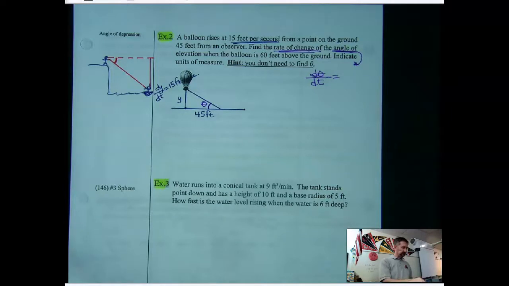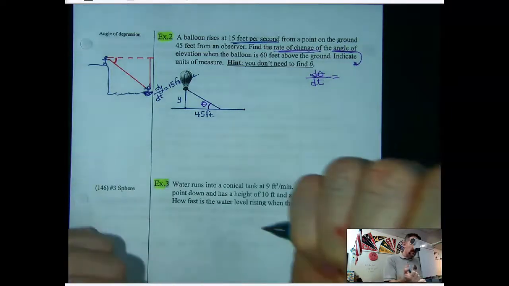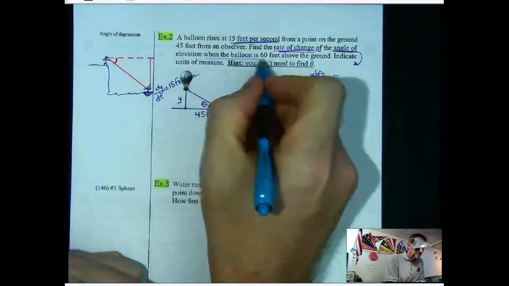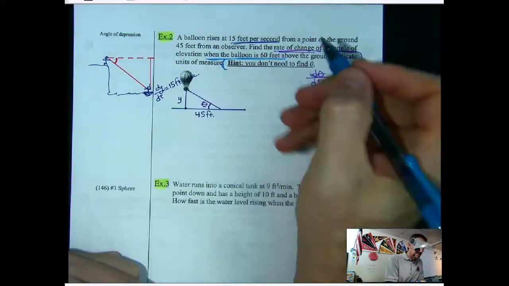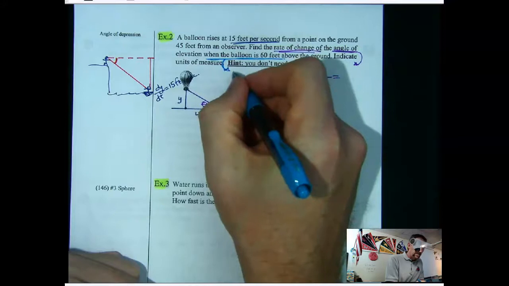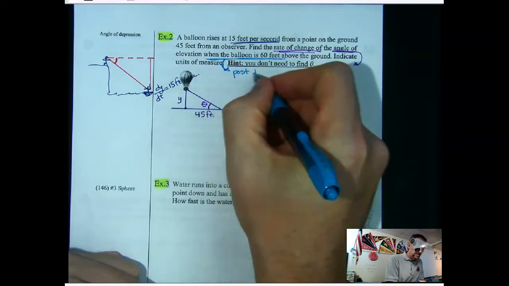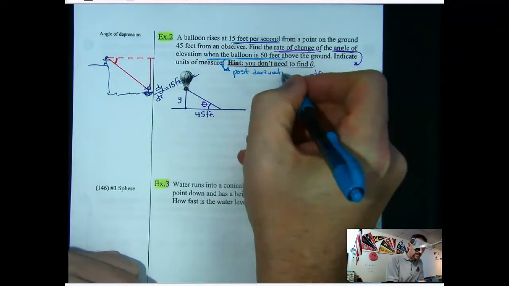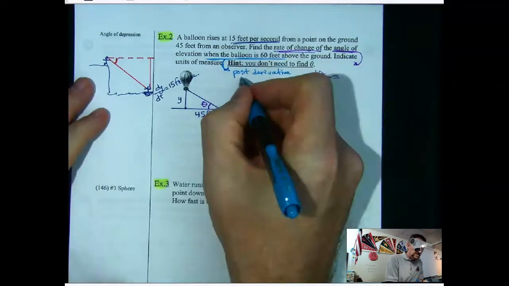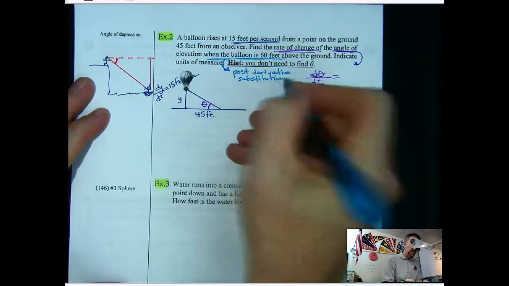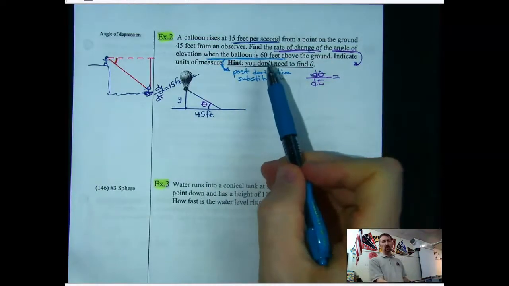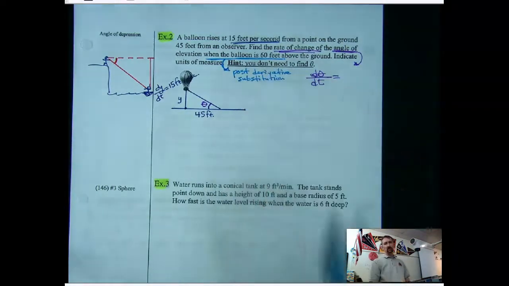I should have mentioned this in the last one too, probably, but I call that a post-derivative substitution. The mistake that some people make is they try to plug that number in too early, and if you plug it in too early, it changes your derivative and messes things up.